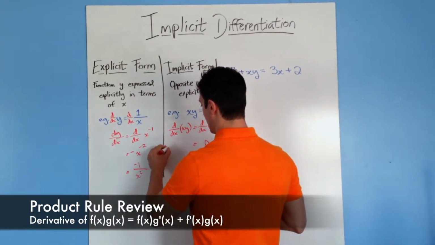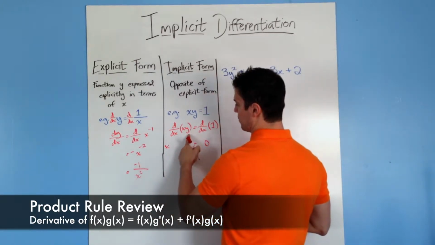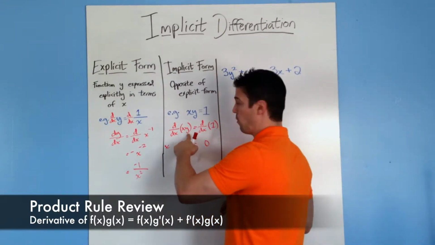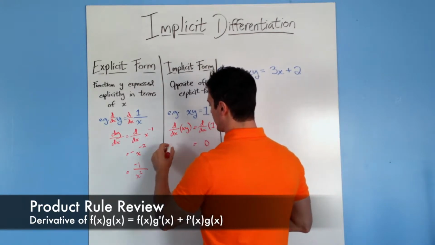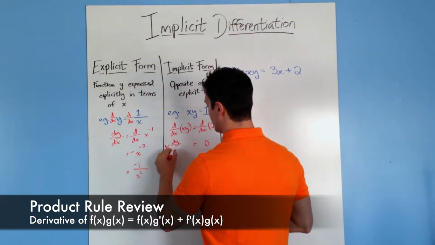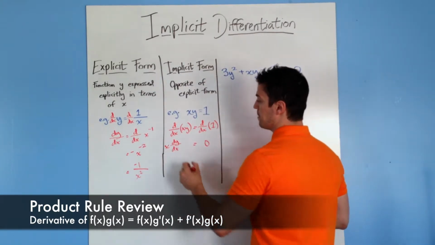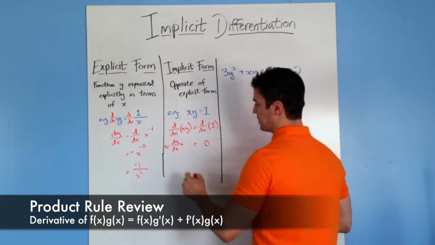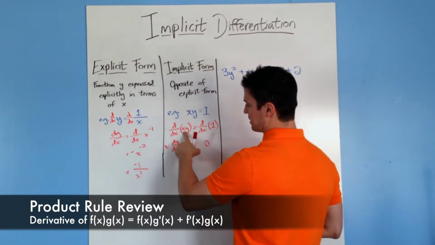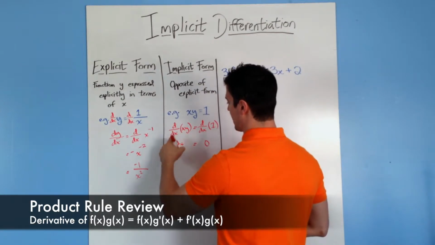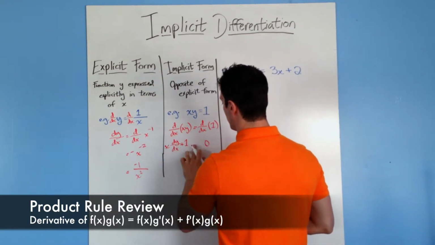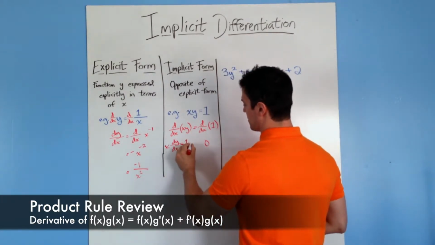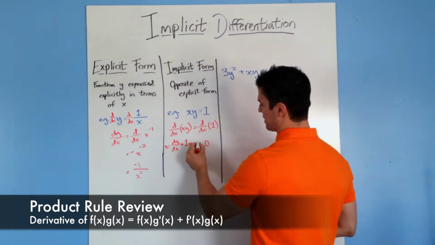So f is x times g prime, which is just the y with the derivative taken with respect to x. So I'm just going to write dy over dx. Plus, now it's going to be the f prime, which is dx over dx, which is 1, times our g function, which in this case is the y.